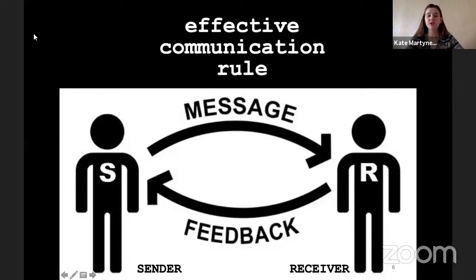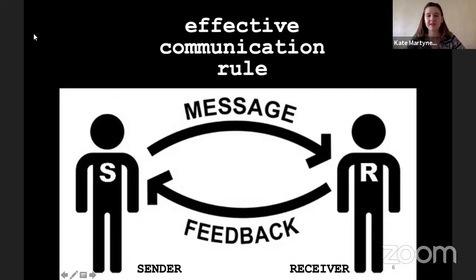So this is how it goes. We have a sender and a receiver. We have the message and the feedback. What do you think about this rule? Is it correct? Or do we have a third party? Maybe it's not only a sender, or maybe it's not only a receiver. Who else? Write down what you think about this.